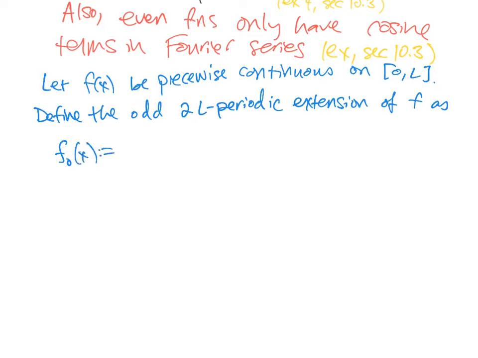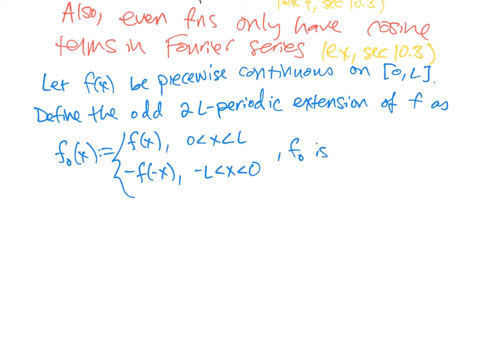We define this as being equal to f of x for x between 0 and L, and negative f of negative x for x between negative L and 0, and then f sub O is 2L periodic.